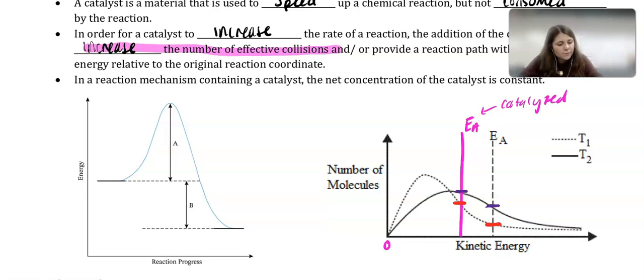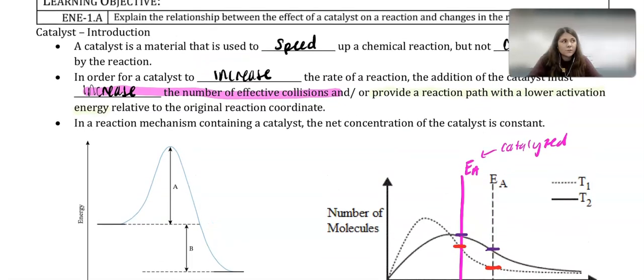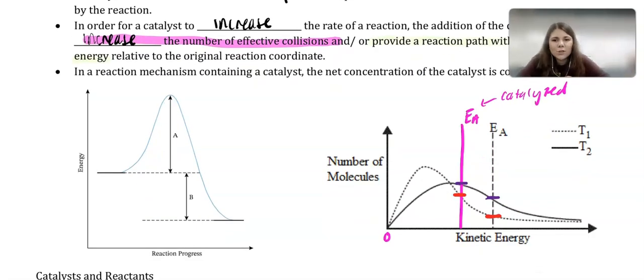Then for the next part, let's look at providing a reaction path with a lower activation energy relative to the original coordinate plane. So if you look at the graph on the left, if we added a catalyst, oh sorry, I know I was blocking the information. If this is our reactants and products, okay, if we add the catalyst, and this is our first activation energy, A is our activation energy. Now, don't get startled with B. B is our delta H of reaction, which does not affect anything to do with this reaction if we add a catalyst.